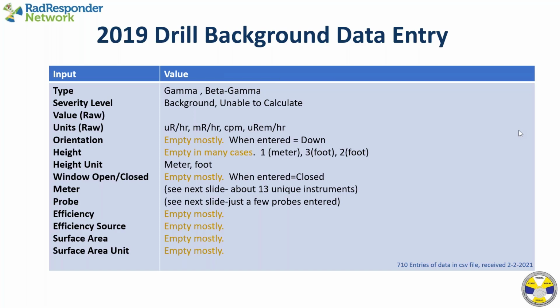I think that some of those, particularly if you're using a pancake GM for your background readings, you'd want to go ahead and enter in an efficiency source and a surface area. Even if it's not your common source, I think it'd be interesting for us to look at the end of that week as to what people are using. And to that extent, I'm going to go to the next slide.